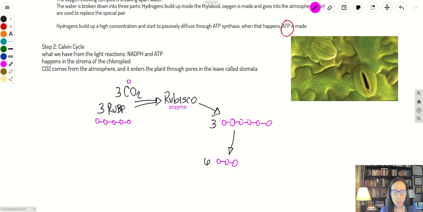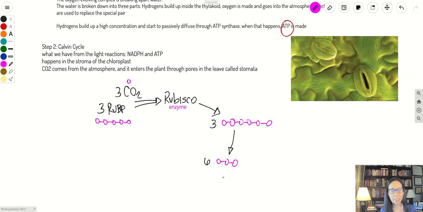So we had 3 of these 6-carbon molecules. They got broken in half. So now we've got 6 of these 3-carbon molecules. Okay, and then we have 6 of these. Then they're all going to be transferred into making what is called G3P.